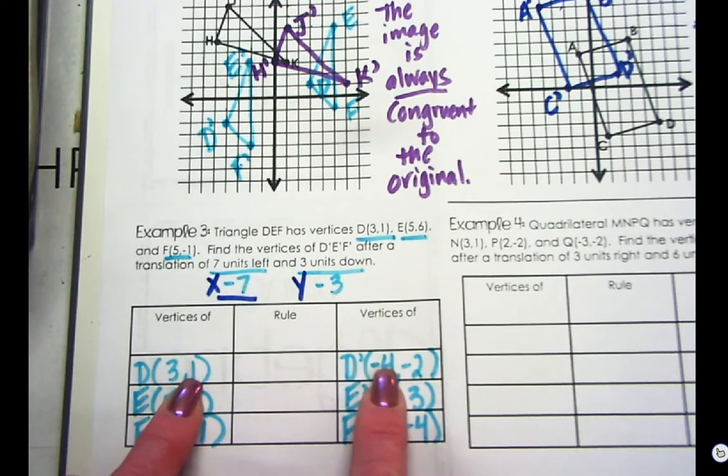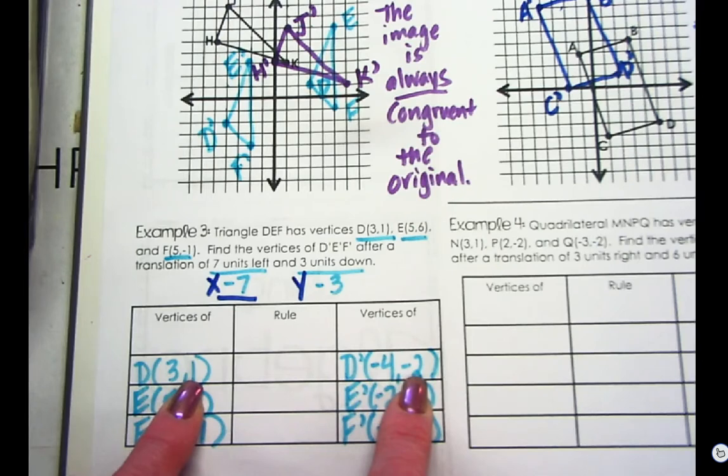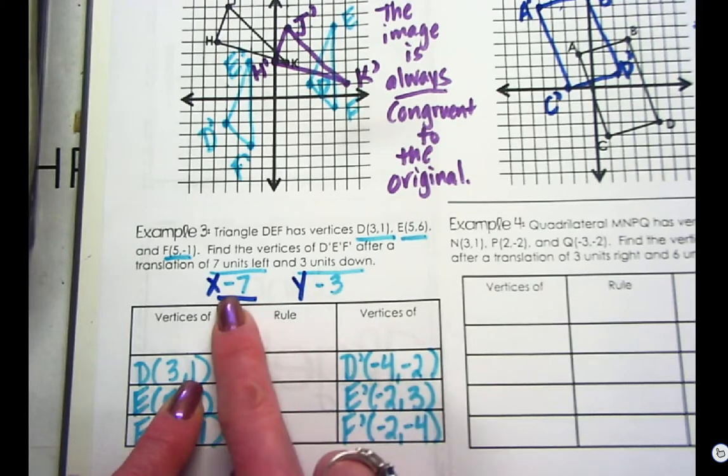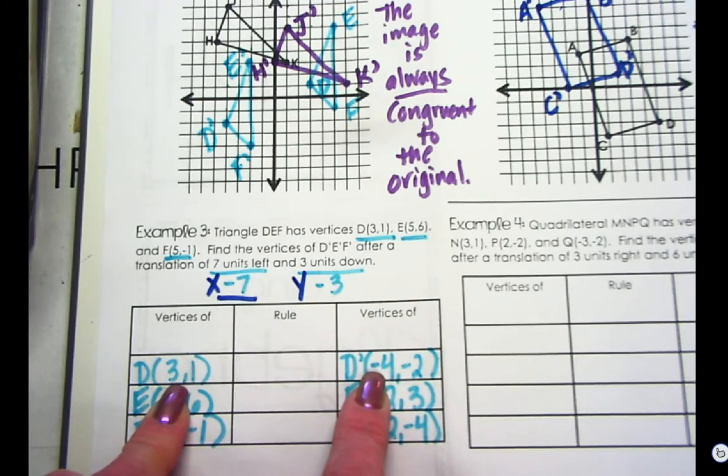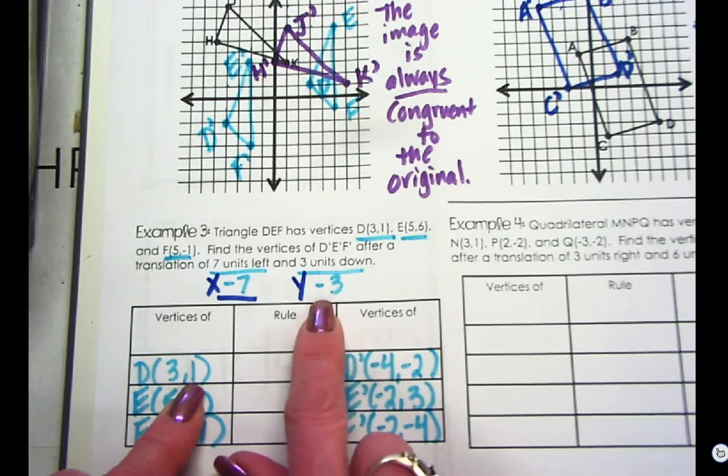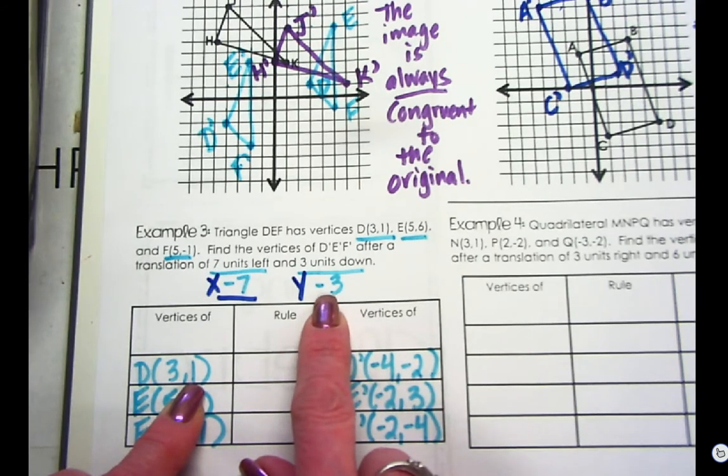The 1 to the -2, I'm sorry, let's go back to here. I didn't go down, I went to the left 7. So 3 minus 7 is -4, but the number went down. And then in the Y value, if I'm going from 1 to -2, I'm going down by what?